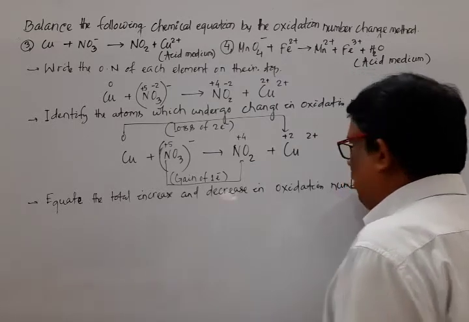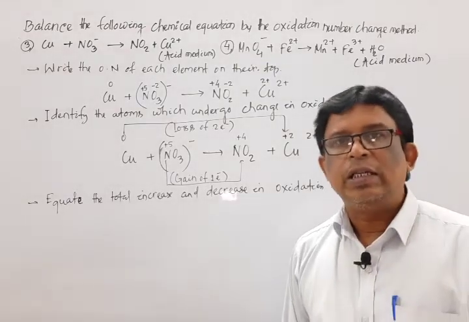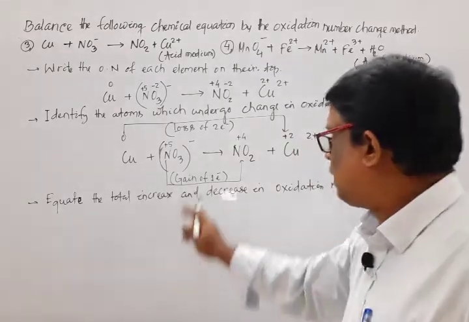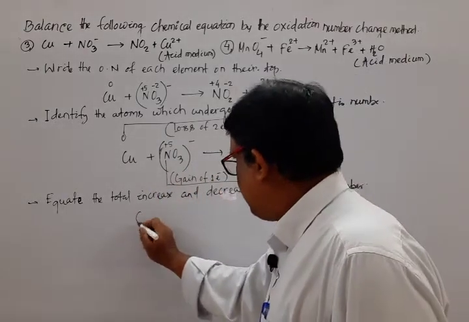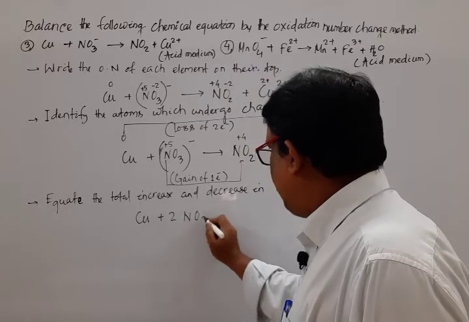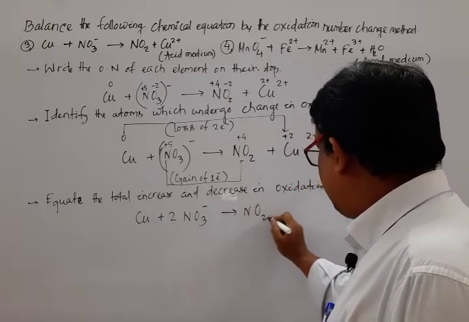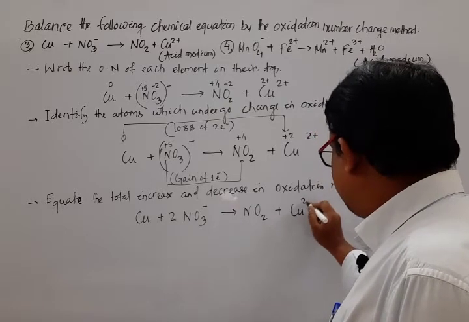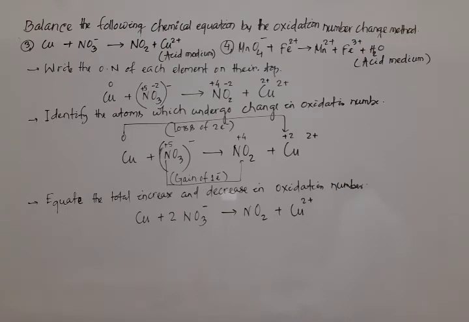We have to multiply by a suitable integer such that total loss is equal to total gain in electrons. Mark that: here loss is 2, gain is 1, so multiply by 2 here. Cu plus 2NO3 minus give rise to NO2 plus Cu2 plus. Now total loss is equal to total gain.